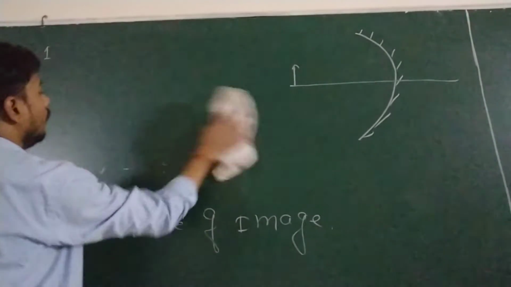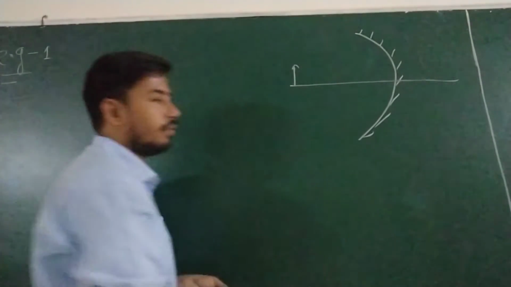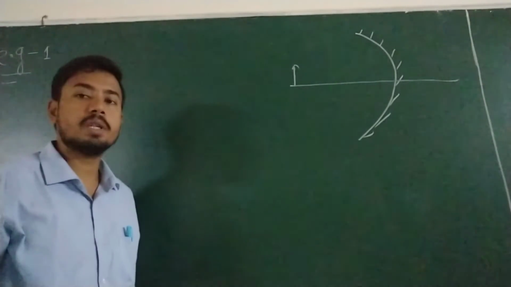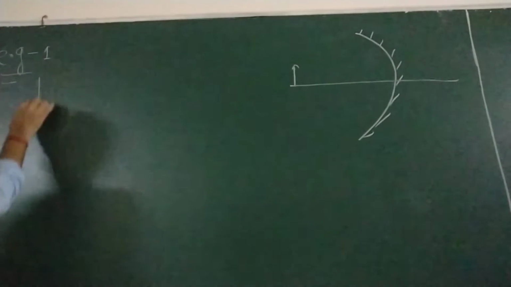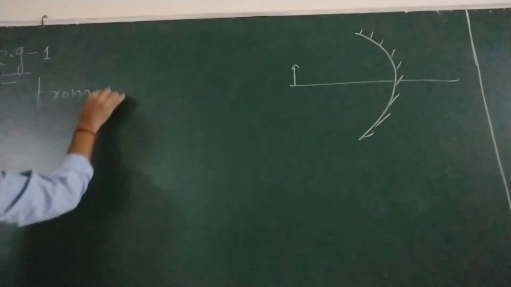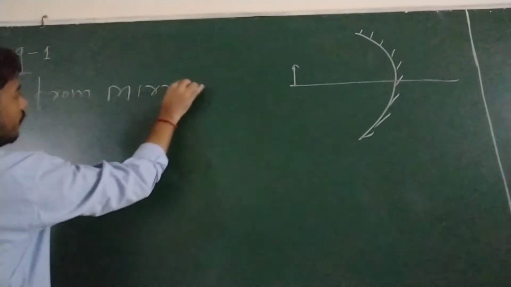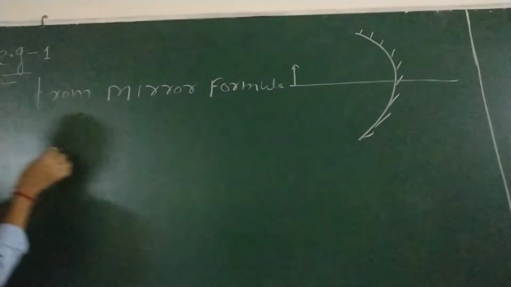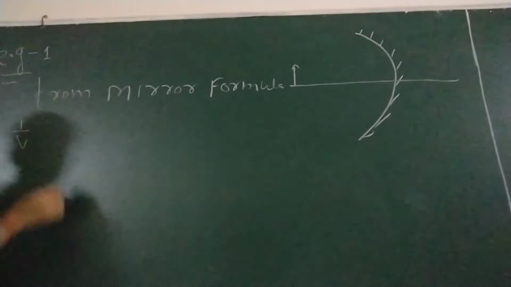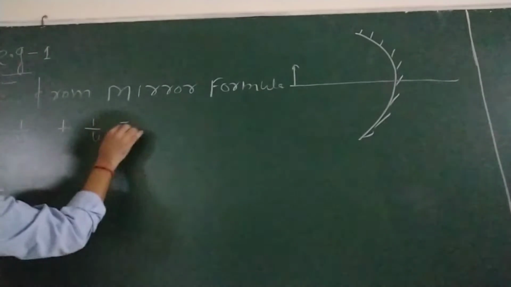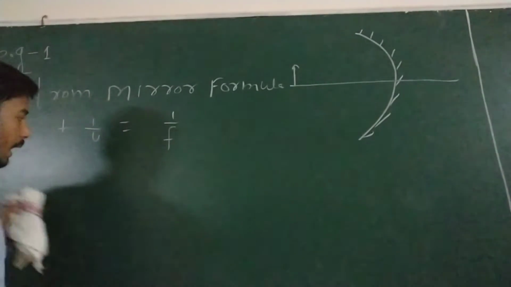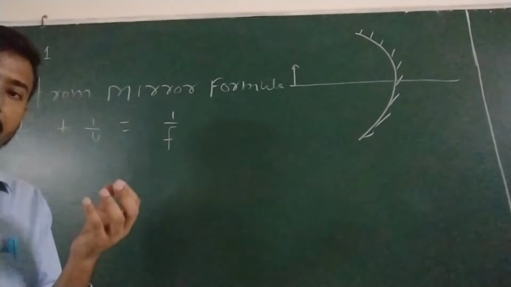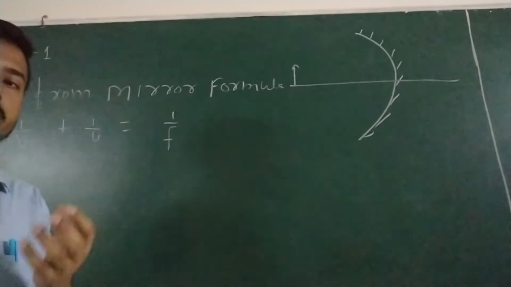First of all, we have given U and F, so we can find the position of image by using the mirror formula. You all know the mirror formula, I have already given it in my lecture: 1 by V plus 1 by U is equal to 1 by F. And when I described this formula, I told you to take everything with proper sign.